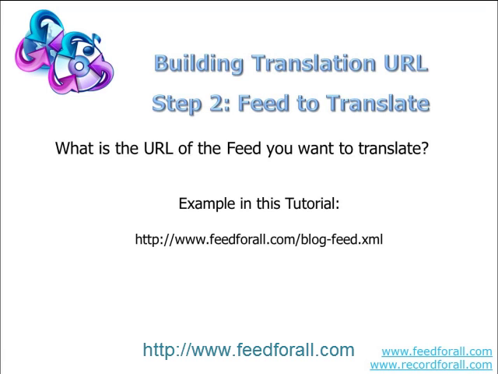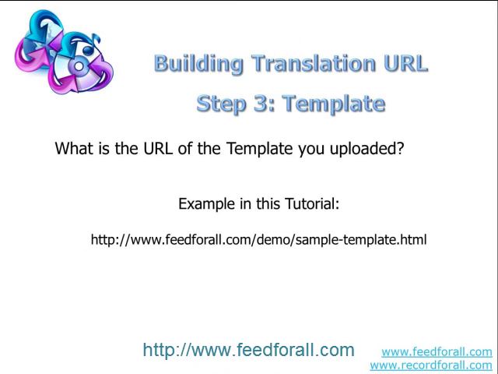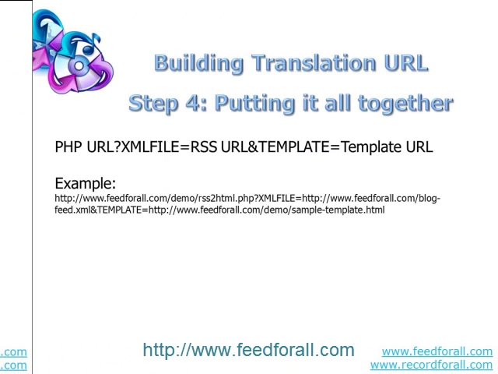The example feed I'm going to translate is www.feedforall.com/blog-feed.xml. And then third, we'll need the URL of the template itself. In this example, it's www.feedforall.com/demo/sample-template.html. Once you have all three URLs, we'll need to build the translation link.